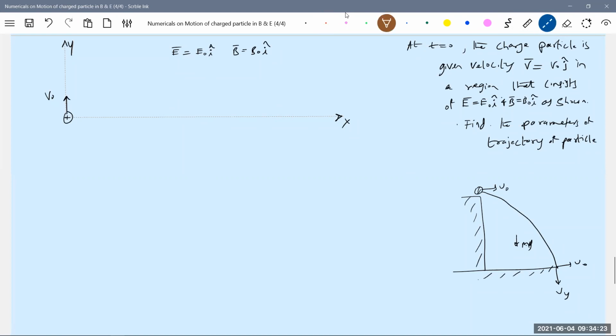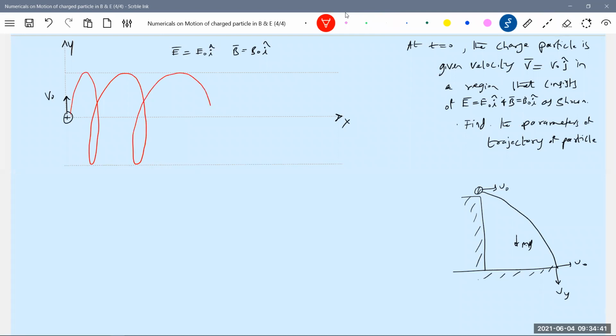I need some reference line, then I'll erase it. I'm showing the distance; it keeps on increasing.